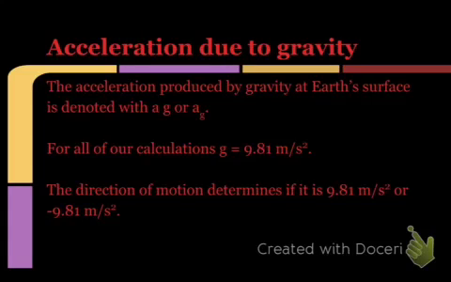If we are discussing an object that is being tossed up into the air, if you're going up, then gravity is working in the opposite direction of your motion, so you would use a negative 9.81. If you're falling down, if you're like jumping off of a cliff, for example, then gravity is increasing your speed, it is increasing your motion, you're going the same direction, so you'd use a positive 9.81. So always think if gravity is working for you or against you.